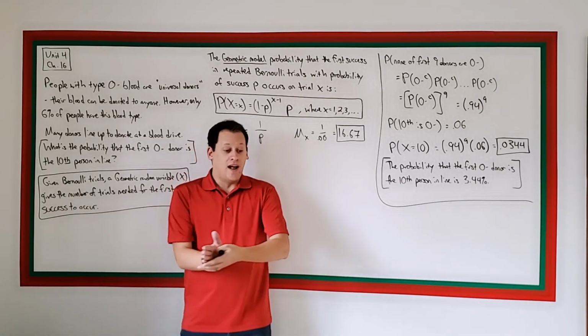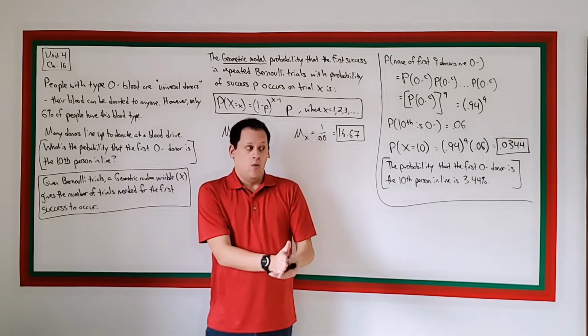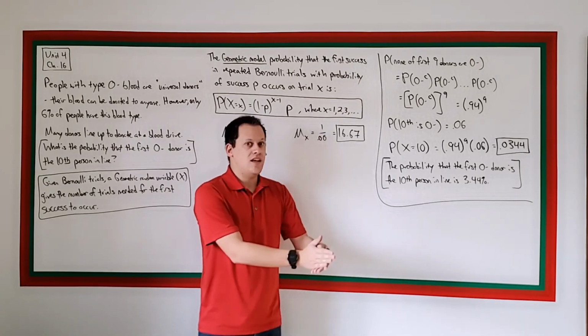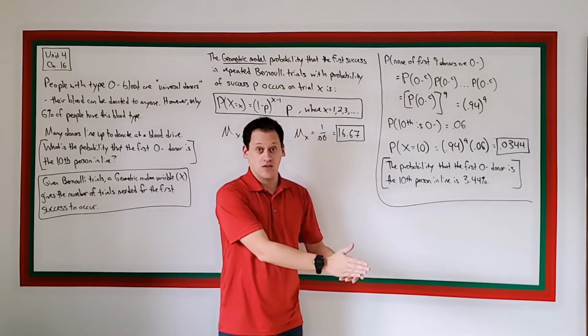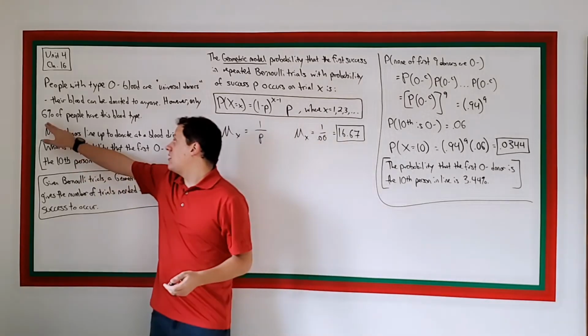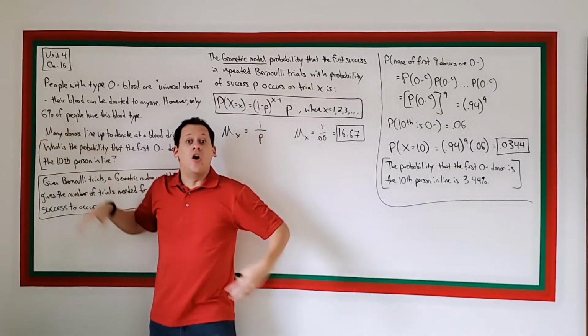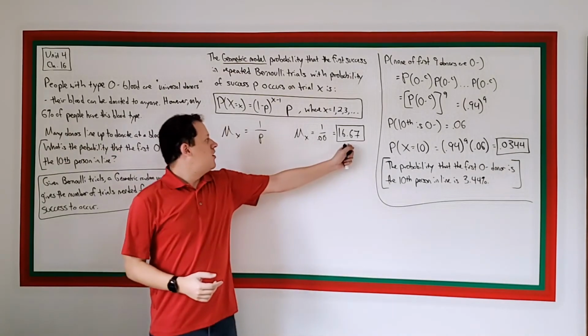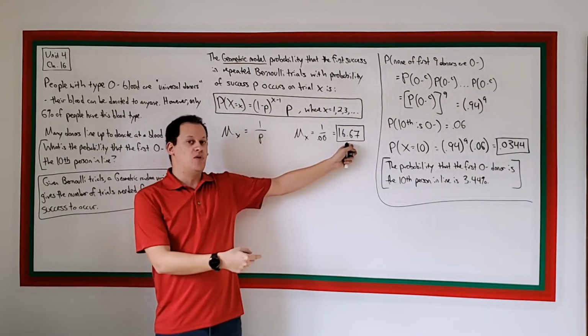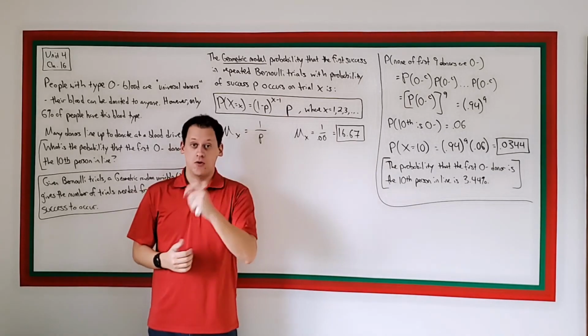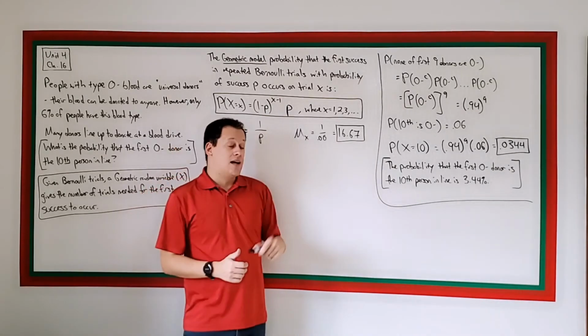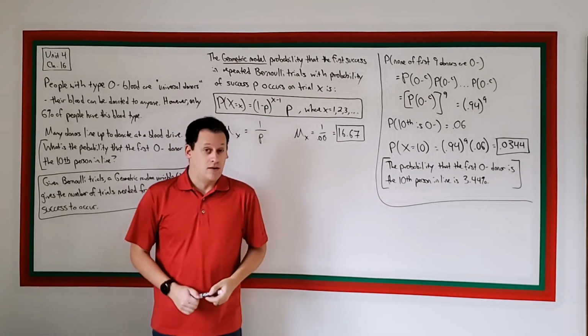Other times you might have to go to the 5th person, or the 10th person, or the 20th person, or the 50th person, right? It's not particularly likely that someone has O negative blood. You might have to go for a while. But on average, you're going to have to go 16.67 people into the line before you get the first O negative person. That is how you interpret the mean of a geometric random variable.